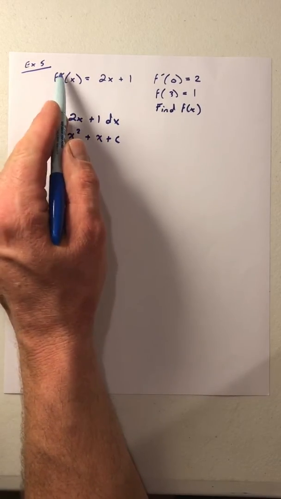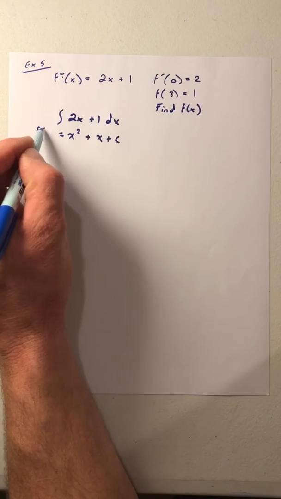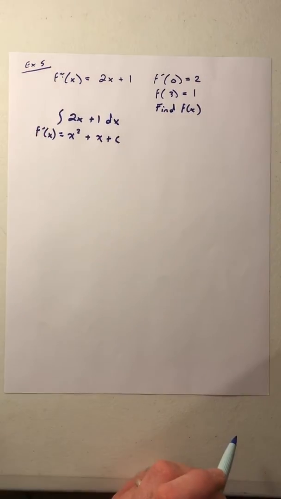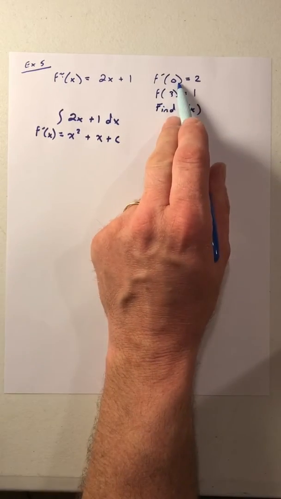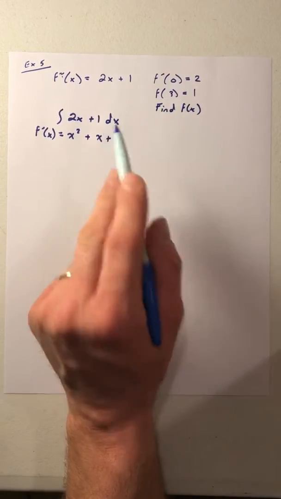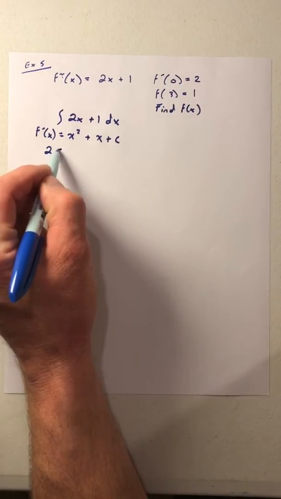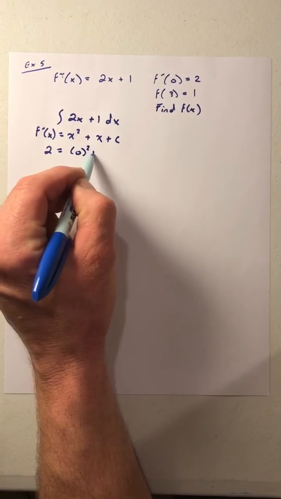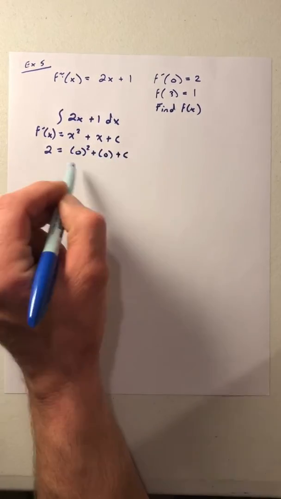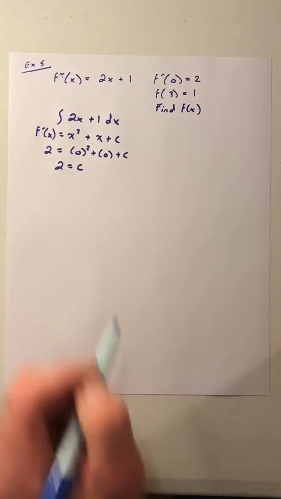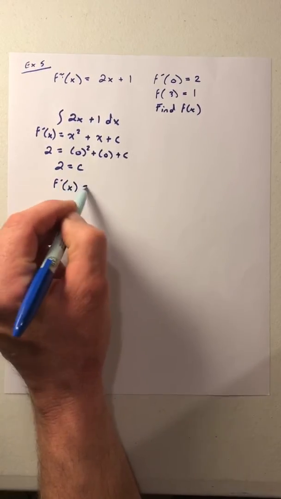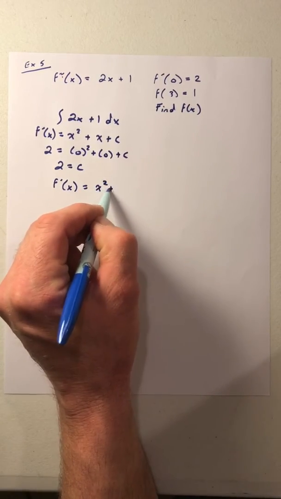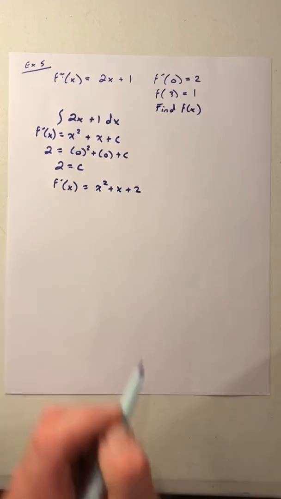And if I integrate the second derivative, that gives me the first derivative. So I can use the information about the first derivative in order to find my c value of the first derivative. So 2 is going to equal 0 squared plus 0 plus c, or 2 is going to equal c. So my original derivative this time was x squared plus x plus 2.